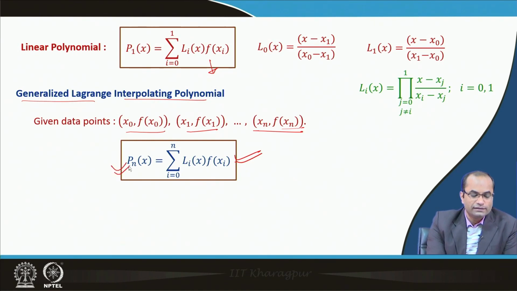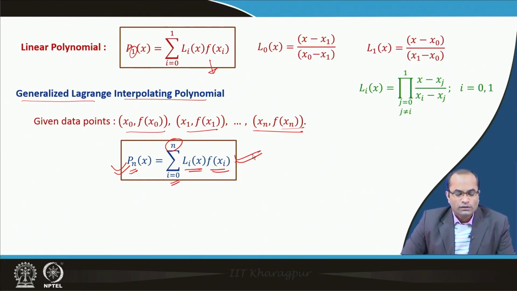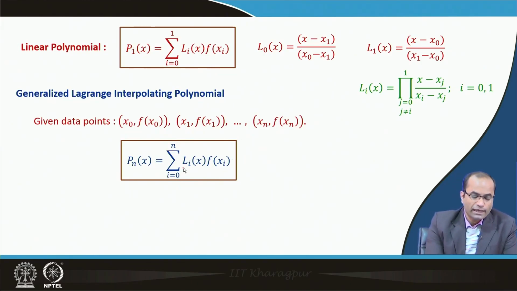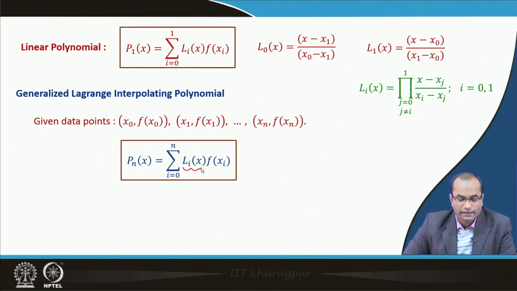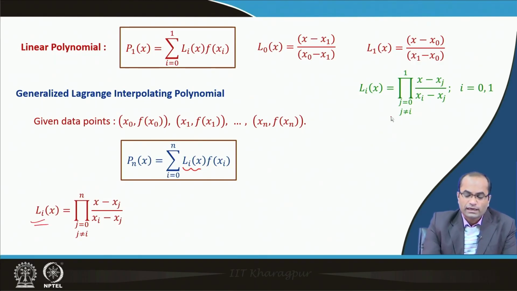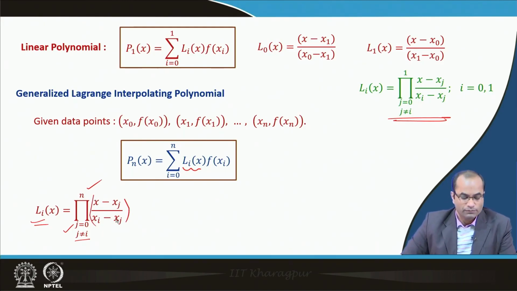Here P_n, that was just 1 there, we have n there, and therefore this n will come here too: i goes from 0 to n of L_i(x) and f(x_i), because the f(x_i) are also n plus 1 in number. So, all f(x_i) will come here, and these are the Lagrange polynomials of degree n now, because n plus 1 points are given. These Lagrange polynomials are defined exactly as we have done for this one, with j not equal to i and j going from 0 to n, and such terms will be multiplied.